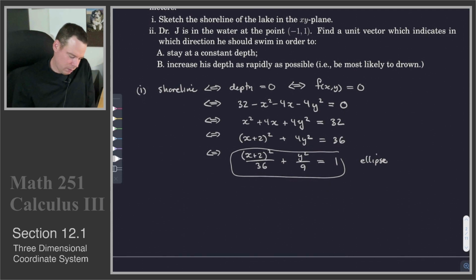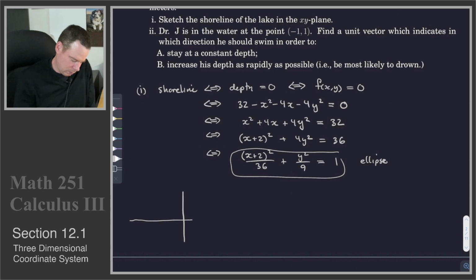What does it look like? Well, it looks something like this. I'm going to move this vertical axis over a little bit because the center is going to be at x equals -2 and y equals 0. And then what else do we get?